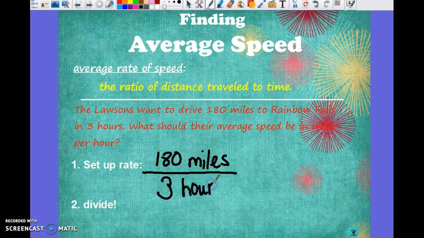So our hours go on the bottom. We need to divide, and I know that 18 divided by 3 is 6, and I'm just going to tag that 0. Okay, so 60 miles per every hour, over 1 hour. And all you had to do was divide the top by the bottom.